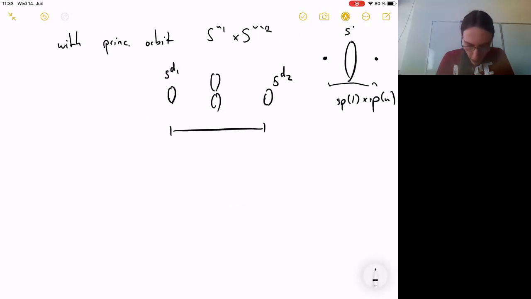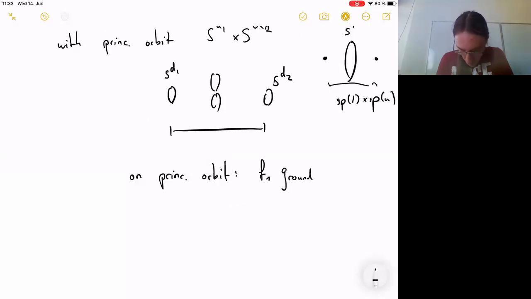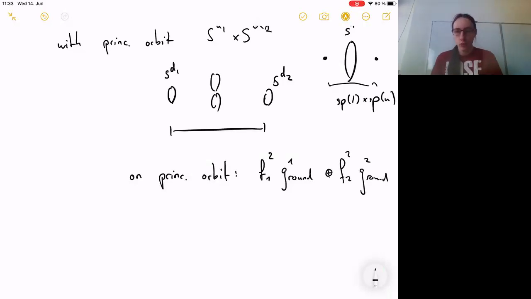So on the principal orbit, the metric will always look like f1 squared times g round on the first factor, plus some f2 squared on the second factor. So you have 2 functions, which will give you a system of 4 first order ODEs.